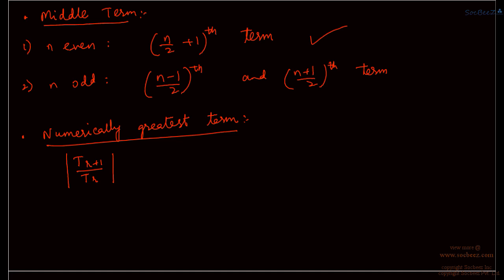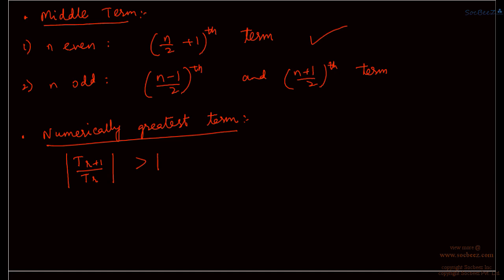We don't bother ourselves with the sign of the term. Okay? So if there is a term minus 200 x power 4, and there is 100 x power 3, we still consider minus 200 x power 4 to be the numerically greater term, and hence the minus sign is not important. Okay? So we take the mod, and now that should be greater than 1, right?